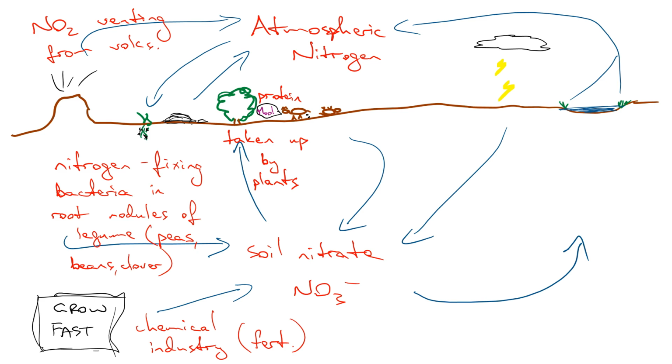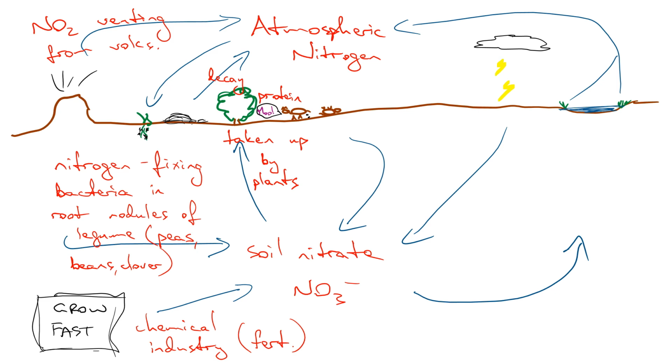Now, the plant, unfortunately, just to the left of that healthy-looking tree, there's a black, deadish-looking tree lying down. The plant's going to die and decay. Decay of organic matter can put nitrogen back into the atmosphere, and it can also put nitrogen back into the soil.